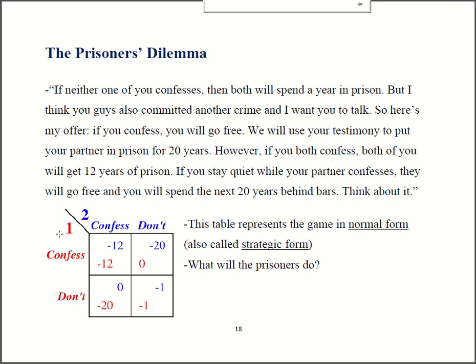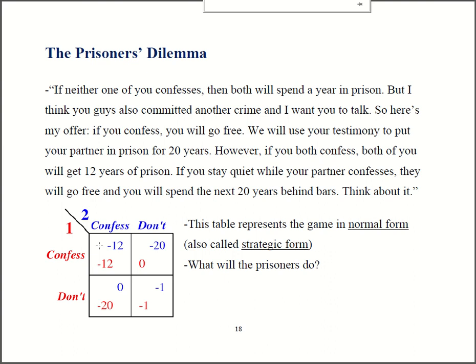So here's how this table represents our game. We said that if they both confess, they both will get 12 years in prison. So the confess cell is going to have payoffs of minus 12 each. So its payoffs are negative for how many years you are spending in prison.